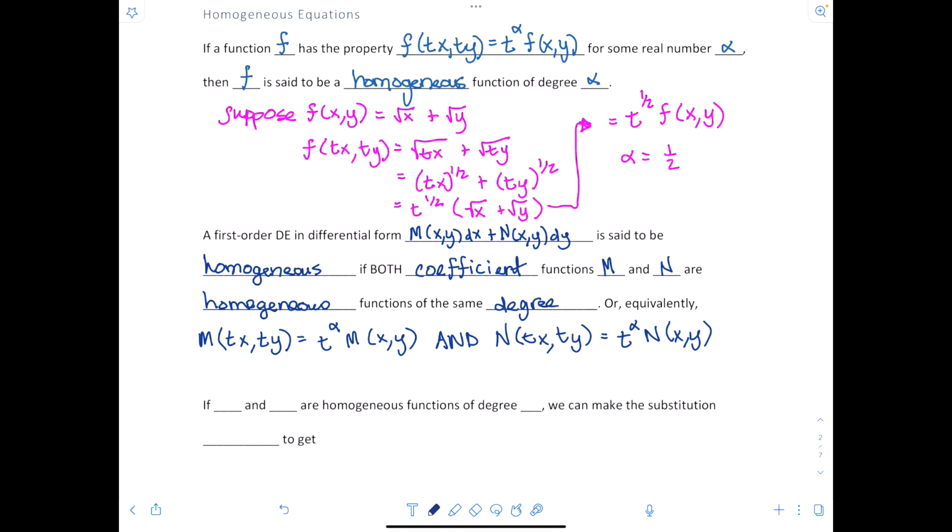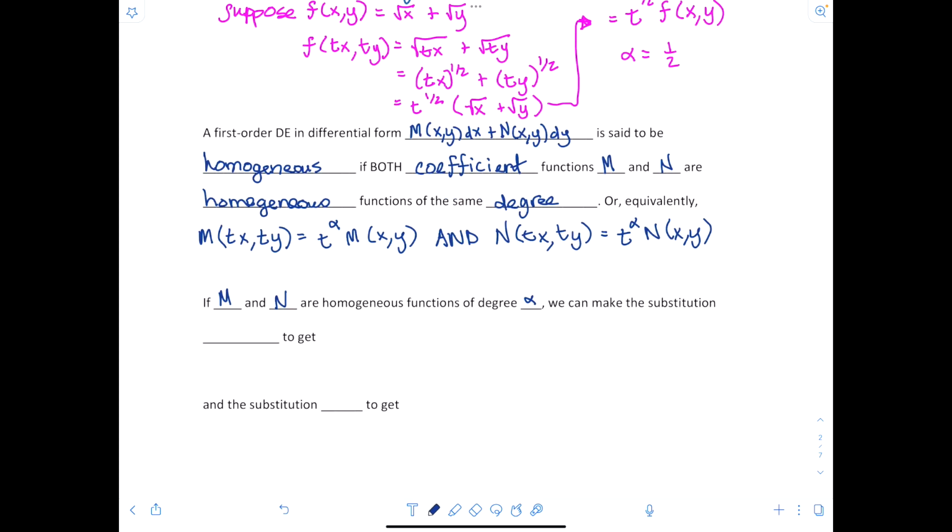If M and N are homogeneous functions of degree alpha, we can make the substitution. So basically, this is the one that we typically use. If it doesn't work out, if it's too hard, then you can switch over to something else. But I don't want you to memorize any of these.